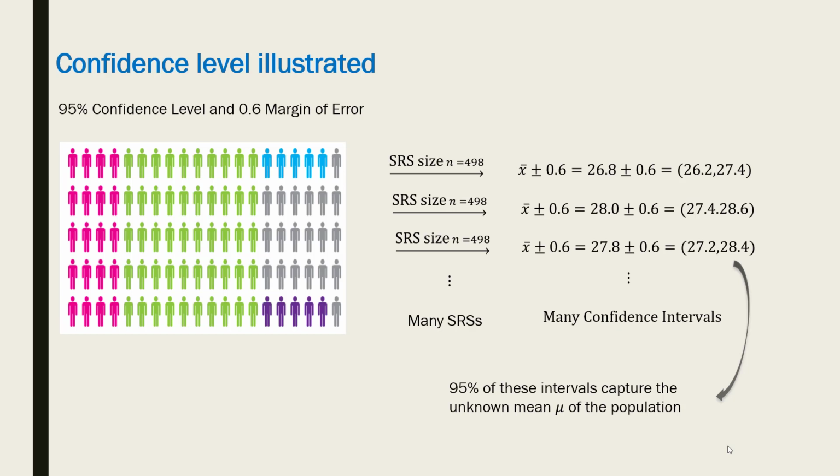So that is the meaning of 95% confidence level. How about a 90%? 90% confidence level means that 90% of these intervals capture the mean.